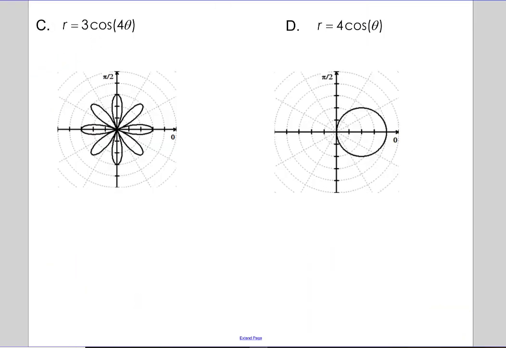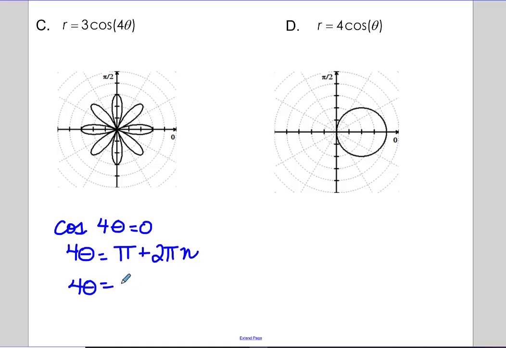This one, cosine. So thinking about the zeros of cosine, cosine of 4 theta is 0 at pi over 2 and at 3 pi over 2, plus every 2 pi radians.